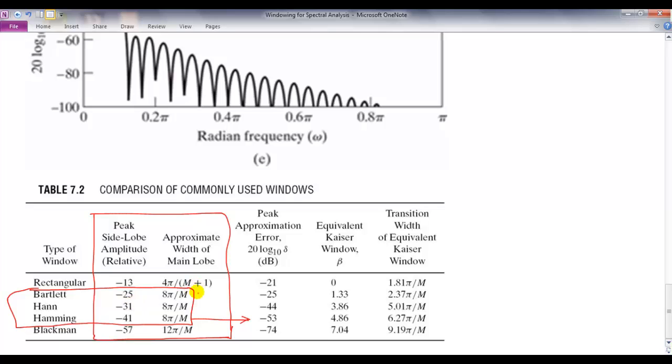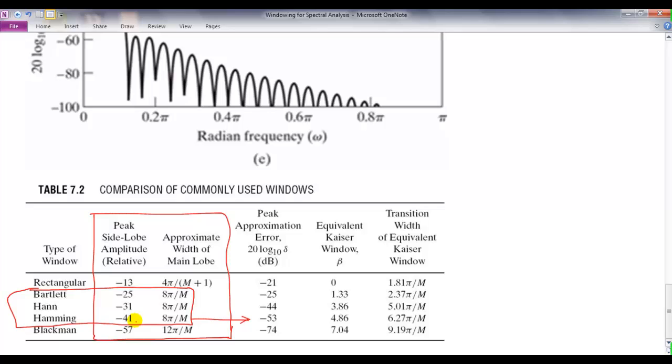And Blackman, the main lobe increases by a factor of 3 compared to rectangular. So it's 12 pi over roughly the length of the window. On the other hand, the peak side lobe is 44 dBs lower than rectangular.